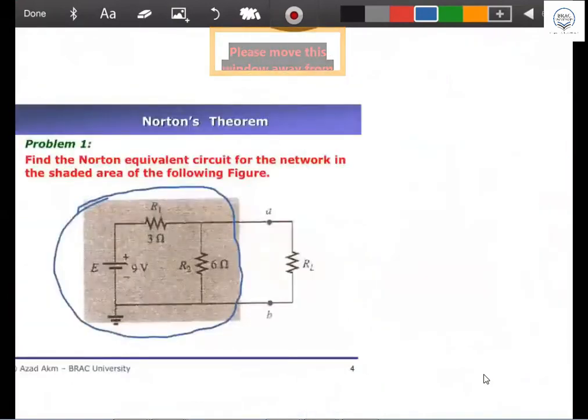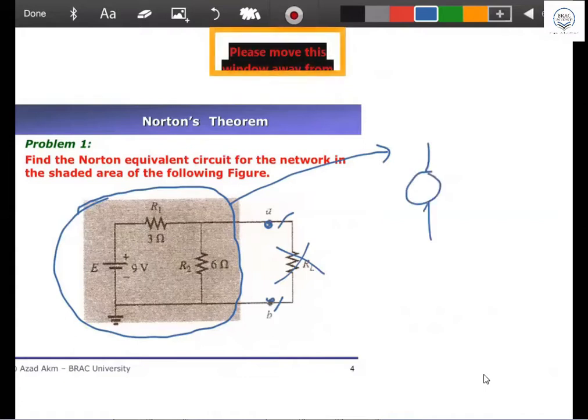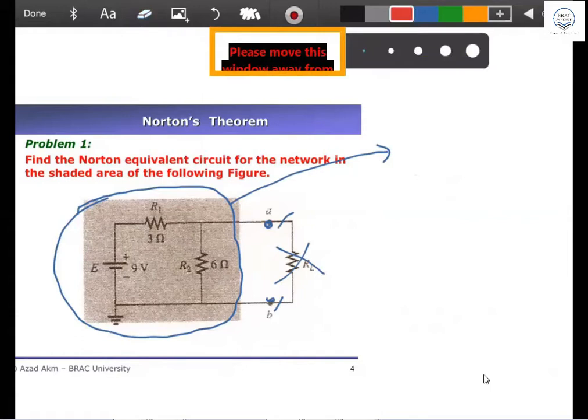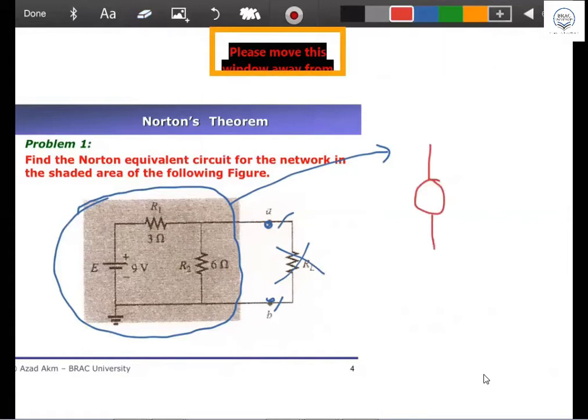So this is the blue contour. Blue contour means we take it off, and then it is going to be the A terminal and B terminal. If you go for the Norton circuit, the Norton circuit will be like this. Then it is the Norton equivalent circuit.